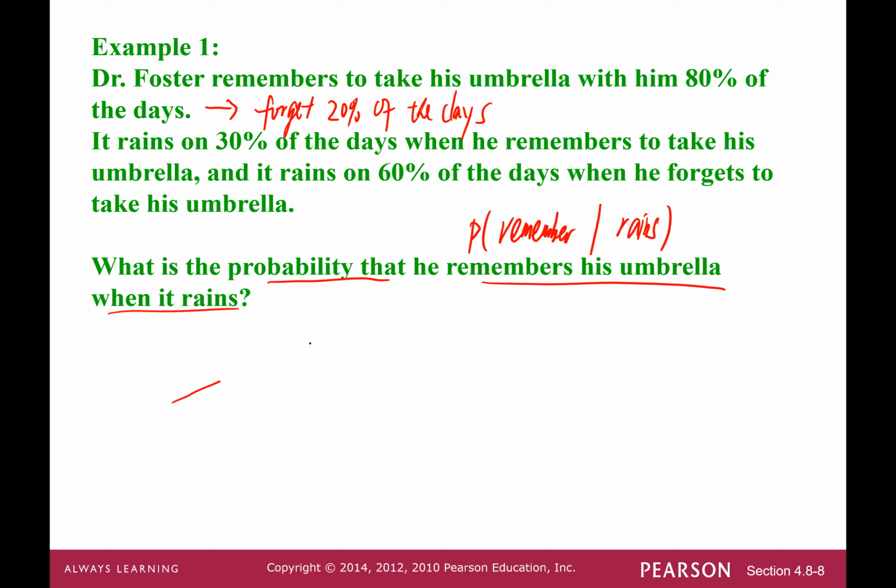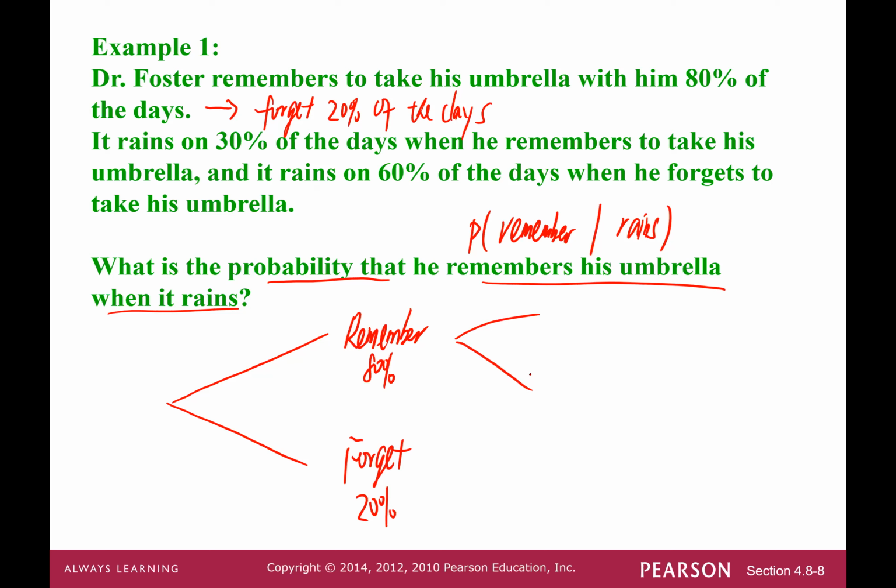Now, you probably want to structure a tree diagram really quickly. So here, two scenarios, either he remembers or he forgets. Remember with 80% chance, forget with 20% chance. When he remembered to bring the umbrella, 30% of the days it rains.